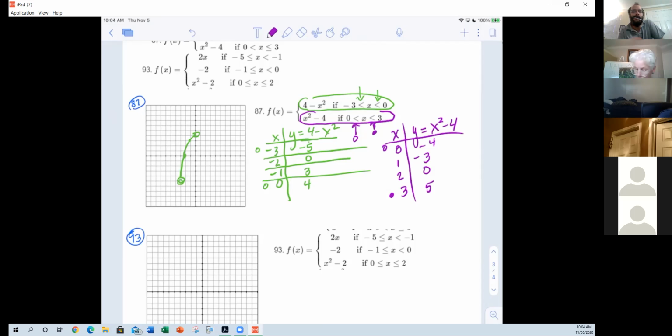Again, it should look like part of a parabola. 0, -4, open dot, 1, -3, 2, 0, 3, 5. Something like that. Now yours should look like this. This is not arbitrary. Exactly what it should look like.